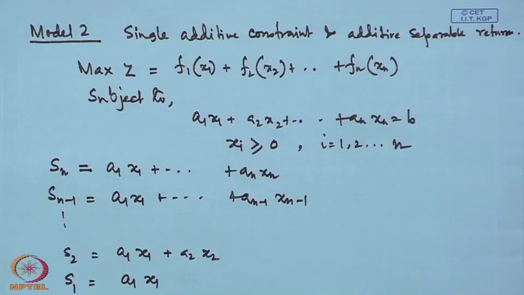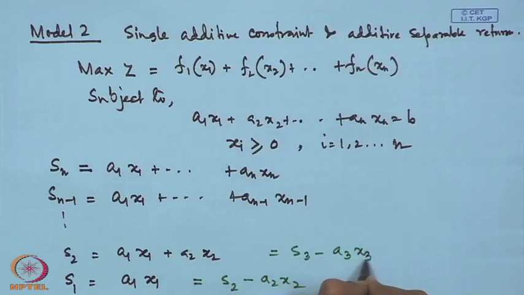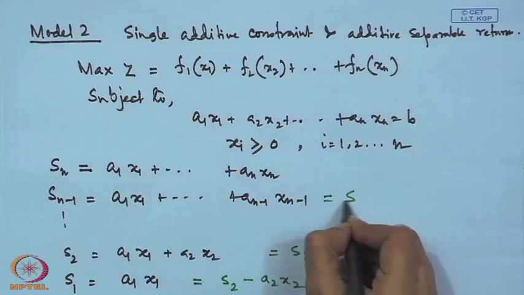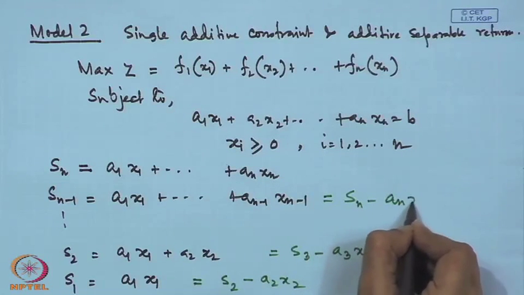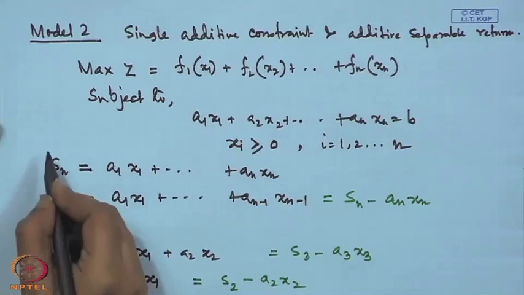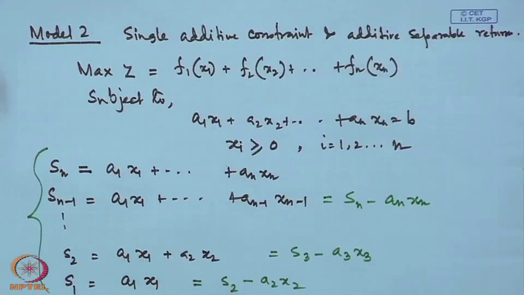If this is so, then we can formulate the state transformation equations very nicely here. What are the state transformation equations? S1 can be written as S2 minus a2 x2. Similarly, S2 can be written as S3 minus a3 x3, and similarly Sn-1 can be written as Sn minus an xn. These are about the state variables.